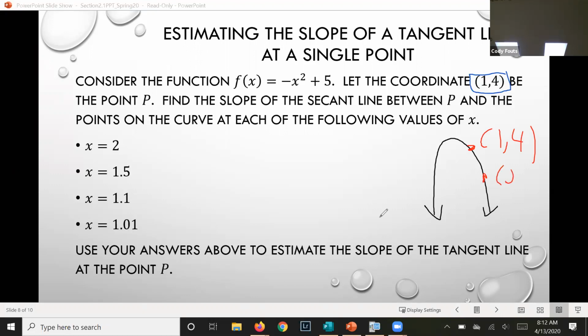So the point with 2 as the input, and we'll think of there being a secant line between those two points. We want to know what that slope is, and then we're going to take that second point and move it back so it gets closer and closer to 1.